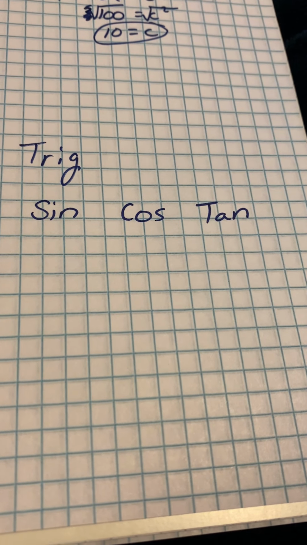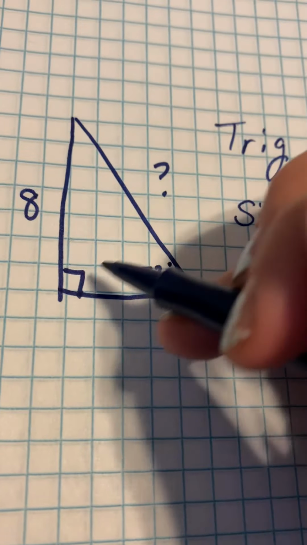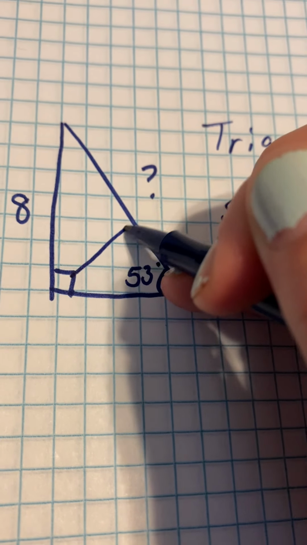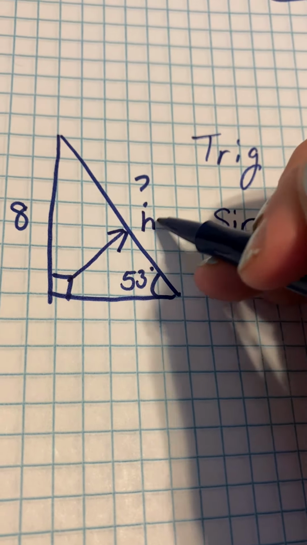But before we can do that, we have to know what they mean, and we also have to know how to label our triangle. On our triangle, across from the right angle is our hypotenuse. That has not changed. But we're not going to call these other two sides a or b or the legs. We're going to find the angle we know here.